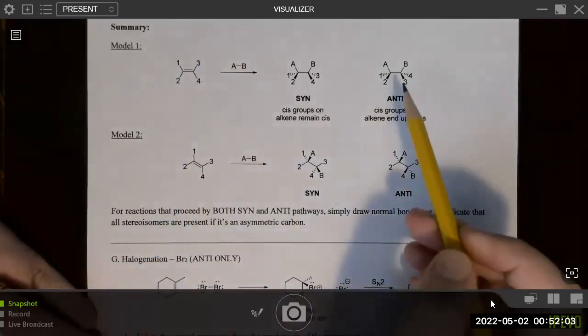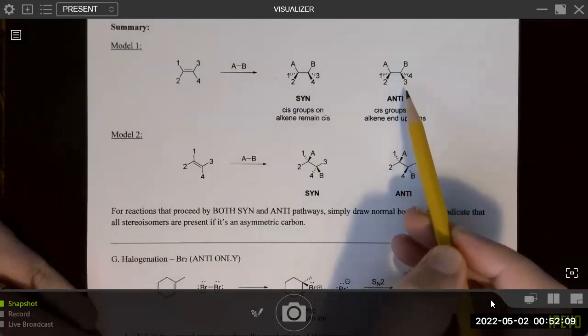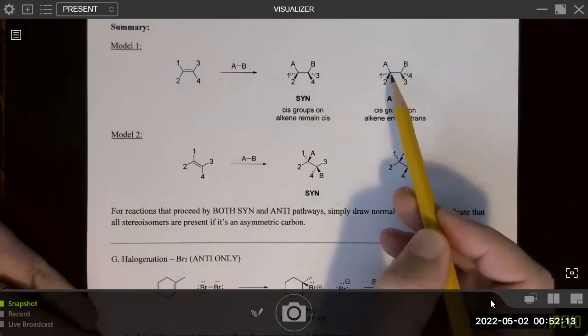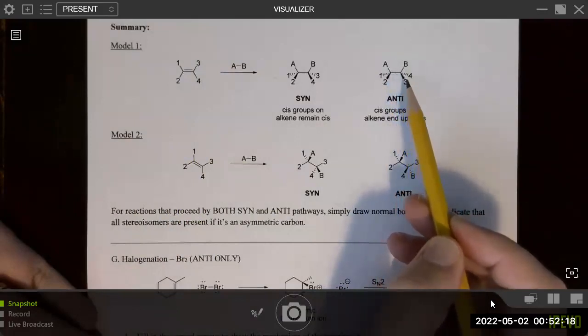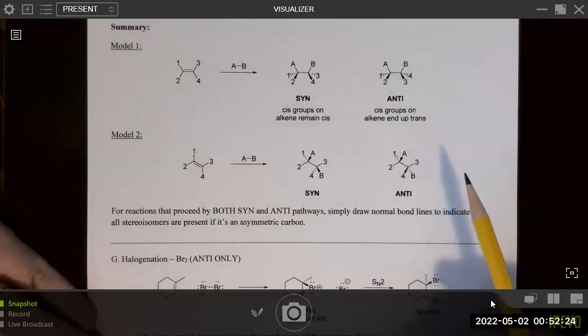Now remember, with anti-addition, that's like A coming from the top and B coming from the bottom. And so this has basically undergone free rotation about this single carbon-carbon bond, such that 3 and 4 will have switched directions when you flip this or rotate it 180 degrees.